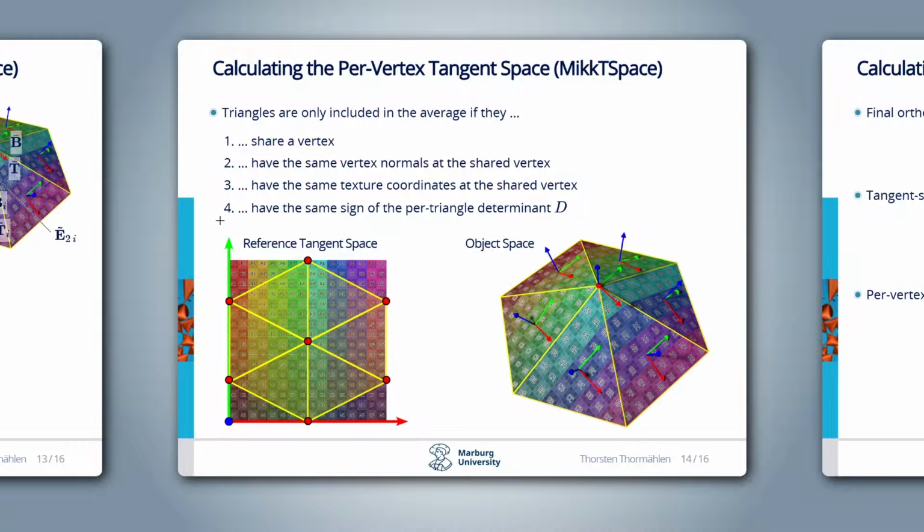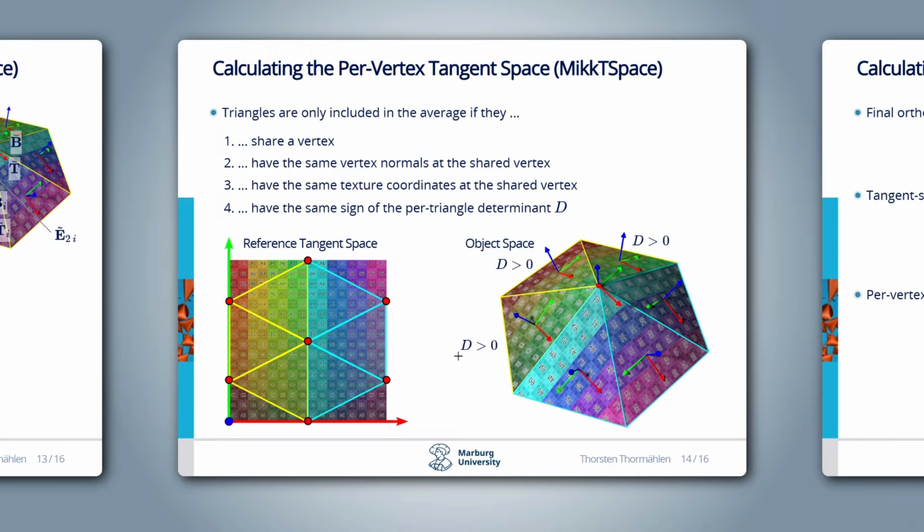Fourth, have the same sign of the per-triangle determinant d. This rule ensures that we do not include left-handed and right-handed tangent spaces into the same triangle group. Here is an example. The yellow triangles have a positive d, indicating a right-handed per-triangle tangent frame.